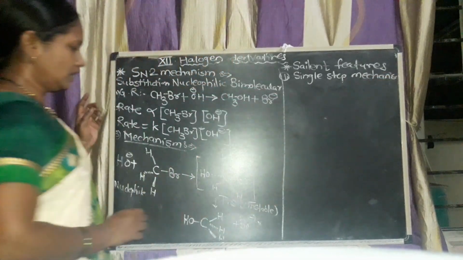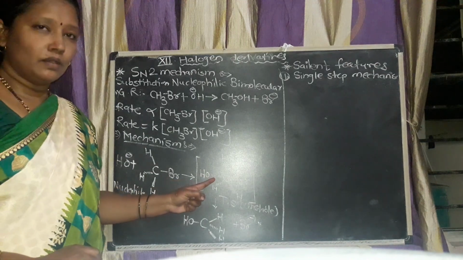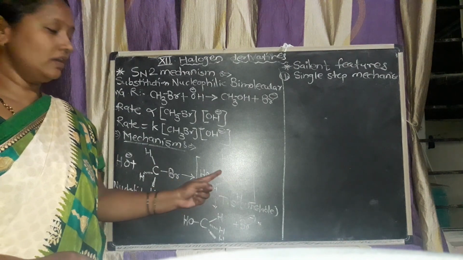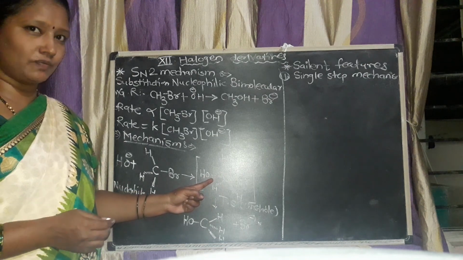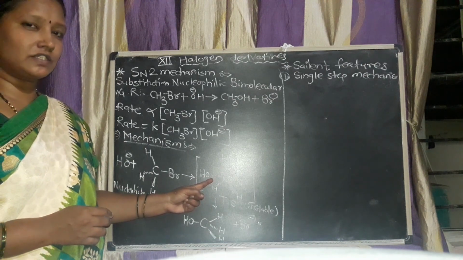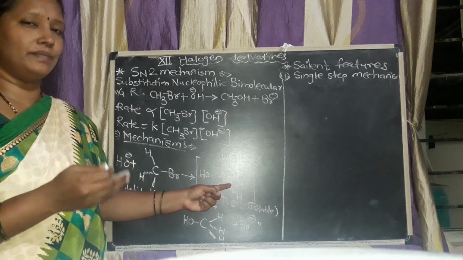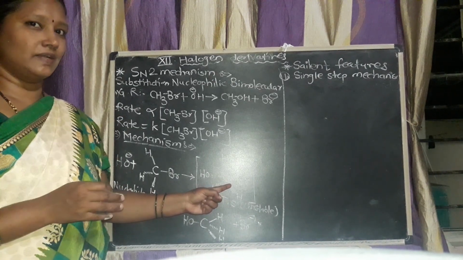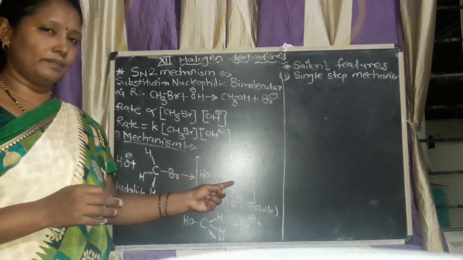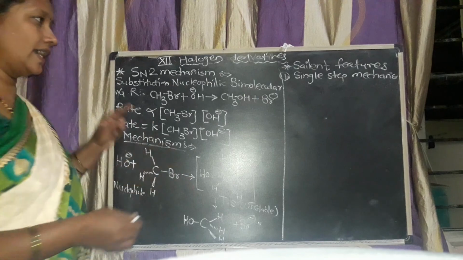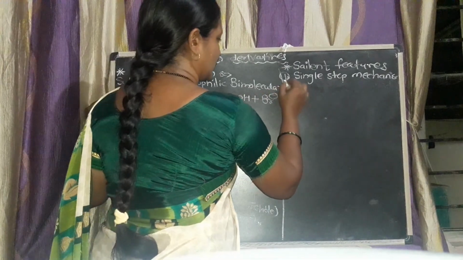It means in this the bond making and bond breaking. Bond making means a new bond is formed with the OH minus nucleophile, and bond breaking means the bond between the carbon and Br minus breaks. This bond making and bond breaking are both carried out simultaneously.